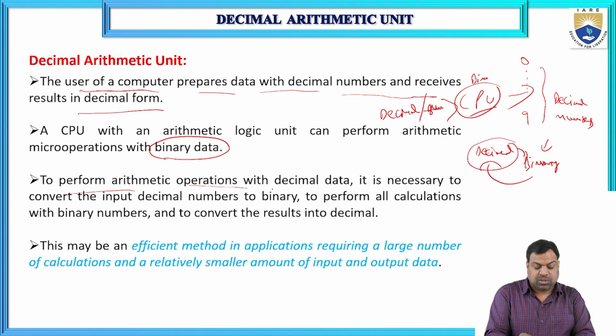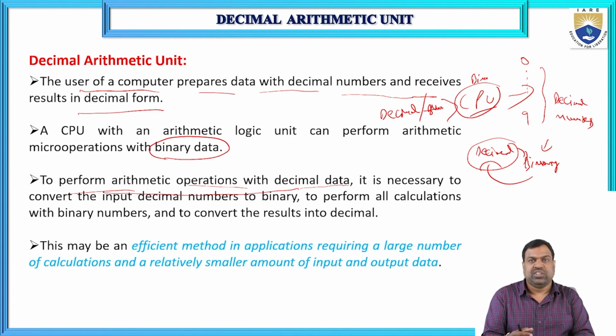To perform arithmetic operations with decimal data, it is necessary to convert the input decimal numbers to binary, to perform all calculations with binary numbers, and to convert the results into decimal. So, the arithmetic logic unit can perform operations only with binary.